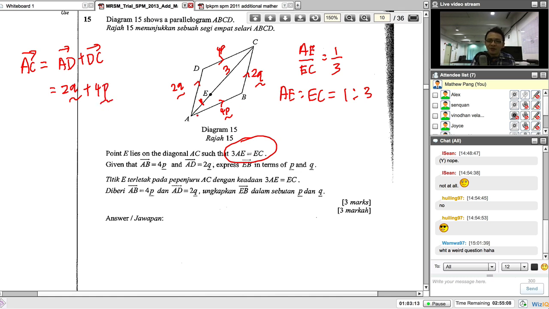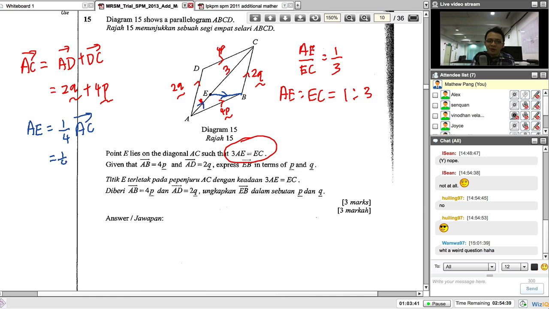Then I want to find EB, E to B. I think I need AE, so I'm going to find AE first. I know AE follows the ratio 1 and 3, so it's 1 over 4 of AC.